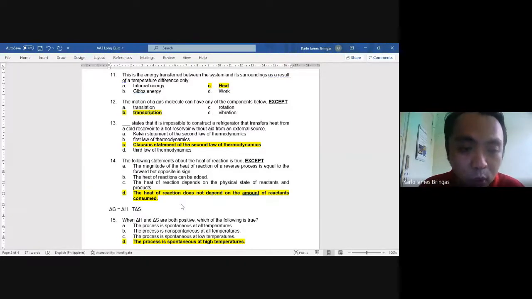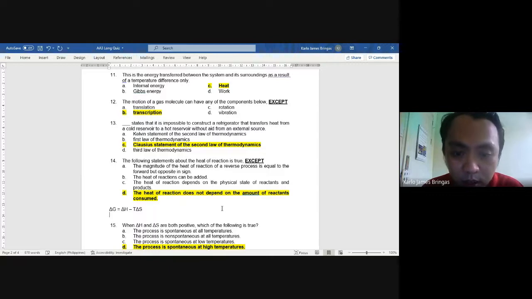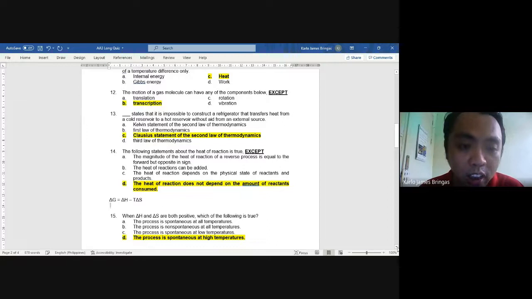Now, our absolute temperature is always going to be positive, so that is going to be fixed for us. And we also know that for a reaction or a process to be spontaneous, delta G should have a negative sign.